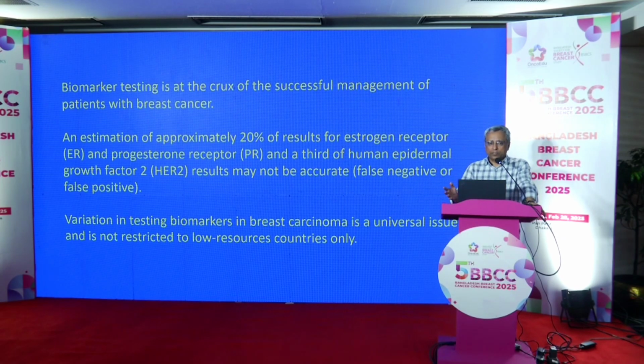It could be either false negative or false positive. And this issue of inequality or error happens not only in low resource countries, but also in very developed country laboratories. It has happened even in Singapore in the last few years. So we need to be aware of these issues.